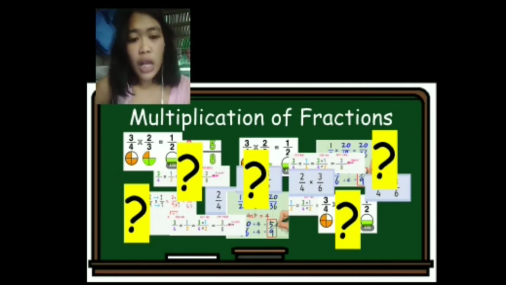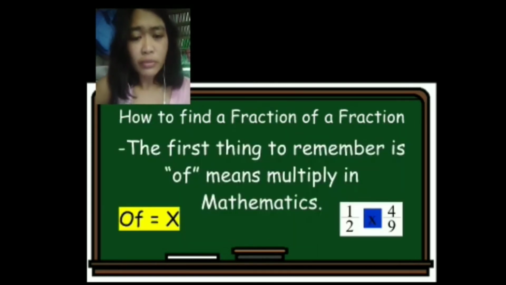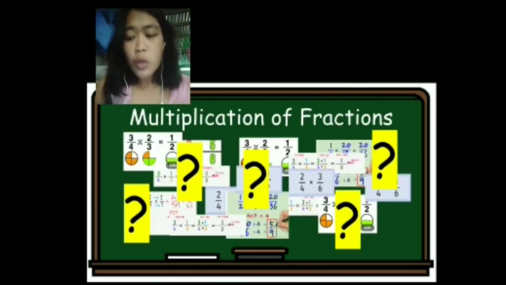So now let us discuss what is multiplication of a fraction. The first step when multiplying fractions is to multiply the two numerators, and the second step is to multiply the two denominators, and finally simplify the new fraction.